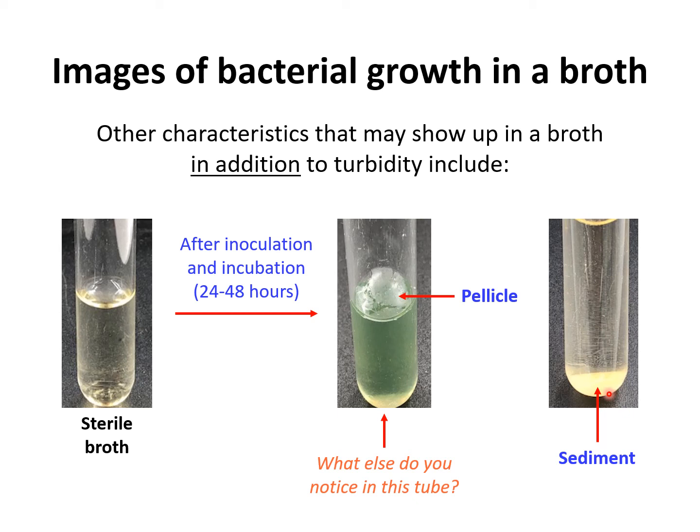And for you to have sediment, that can happen if you have bacterial growth. So you must see the turbidity, so you will never see sediment on its own or pellicle on its own. That will be in addition to the turbidity.